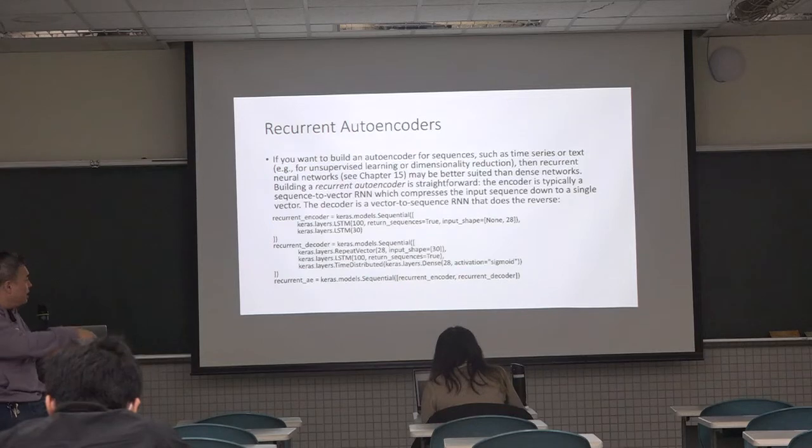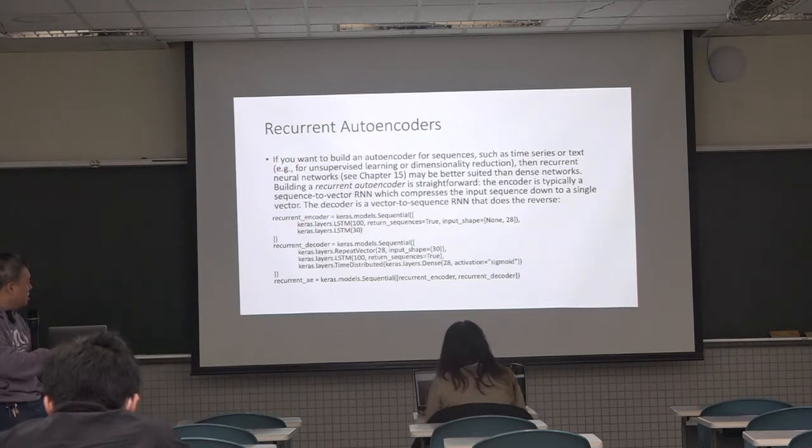That's why it's None, 28. The None stands for the dimension we treat as a sequence, and we have 28 such sequences. So we have 100 recurrent LSTM neurons, and then we have 30 LSTM neurons, which works as the coding layer.